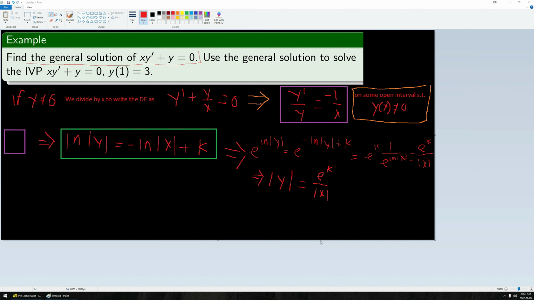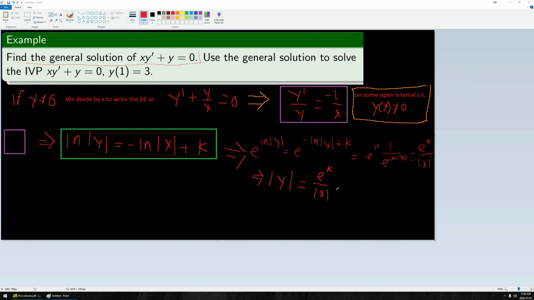Well, previously I was very hand-wavy and I just called e to the k some arbitrary constant c that could be positive, negative, or 0 and said I was good to go. Let's be a bit more precise here. So explicitly, the right-hand side of the equation and the left-hand side of the equation are both positive. They do not change sign.